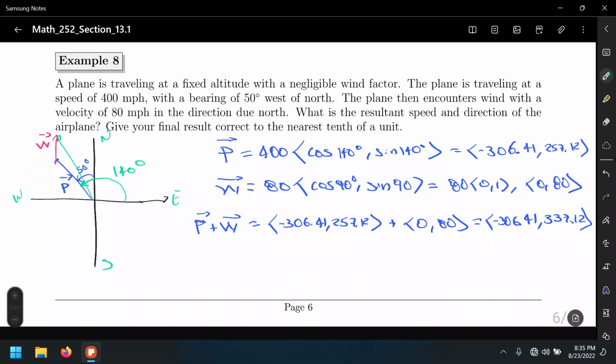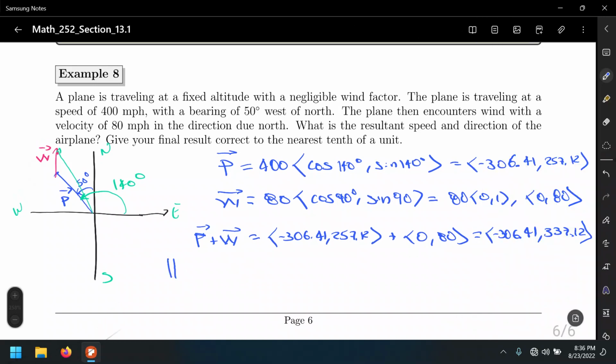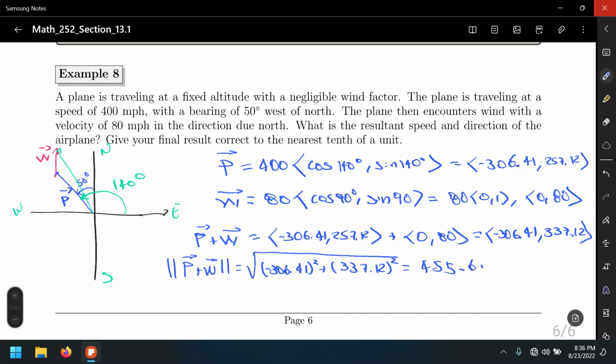To find the magnitude of P plus W, that's the square root of negative 306.41 squared plus 337.12 squared. Using a calculator, I got 455.6 miles per hour.